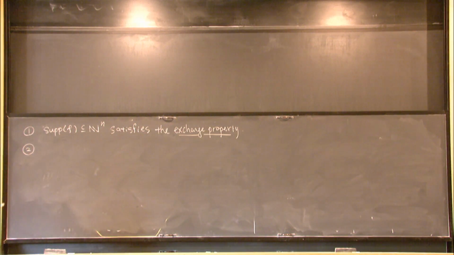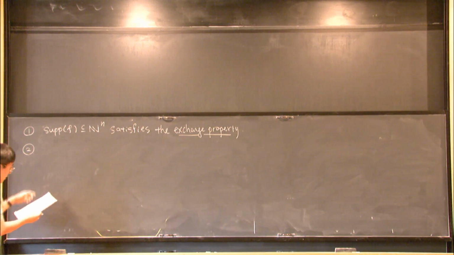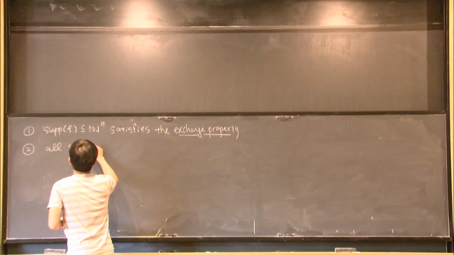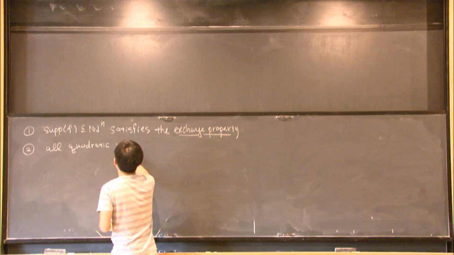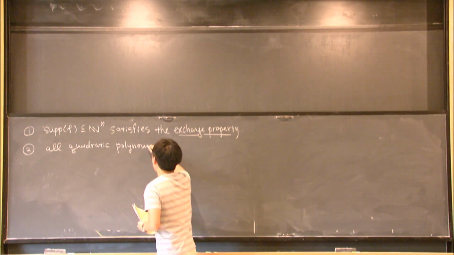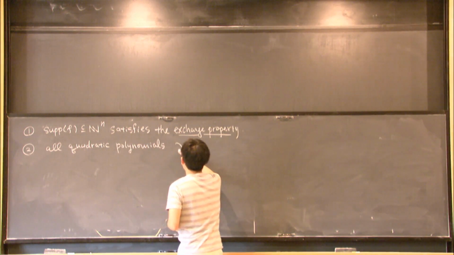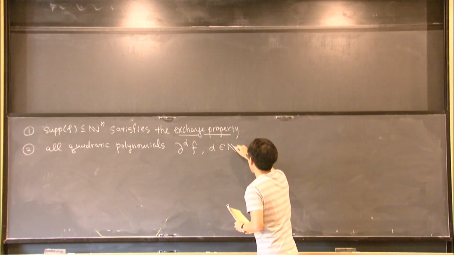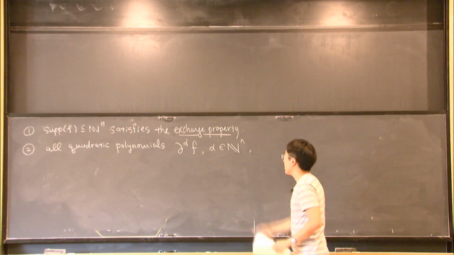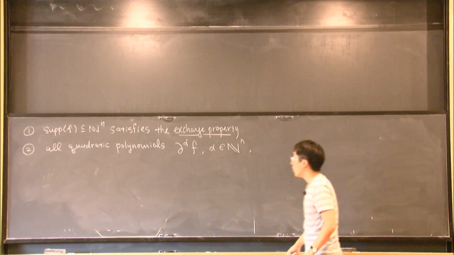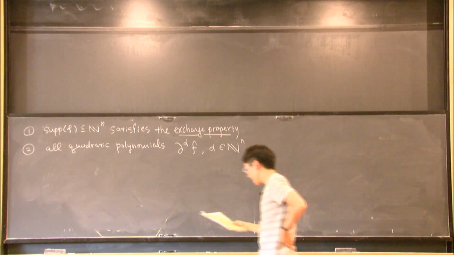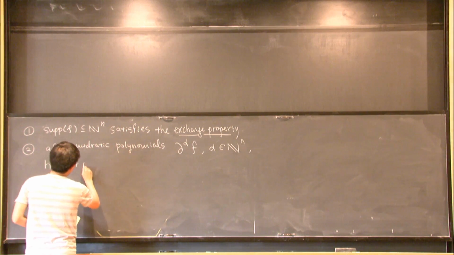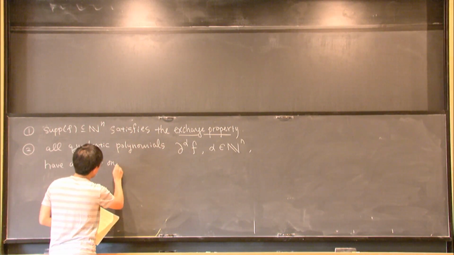And in addition to that combinatorial condition, you need a spectral condition, which says that all quadratic polynomials of the form partial alpha of f, where alpha is a lattice point, and this is a monomial differential operator corresponding to alpha, have at most one positive eigenvalue.